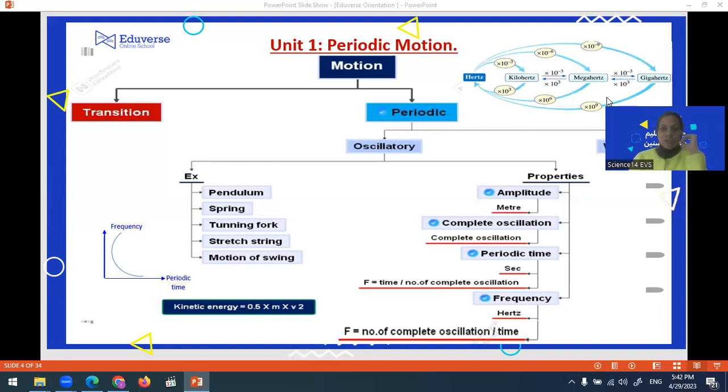Okay, so another tricky question. I want you to change from gigahertz to hertz, from the big to the small. So I will multiply it by 10 to the power 9. No negative here, because we're changing from the big value to the small value, times 10 to the power 9. Excellent, guys. Excellent.